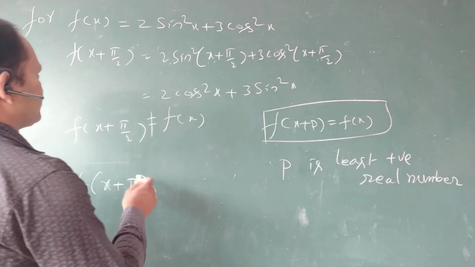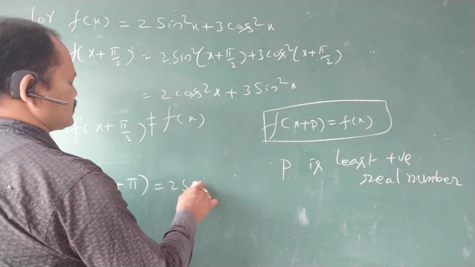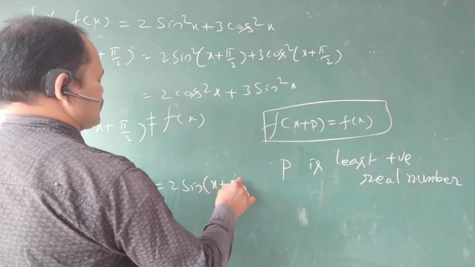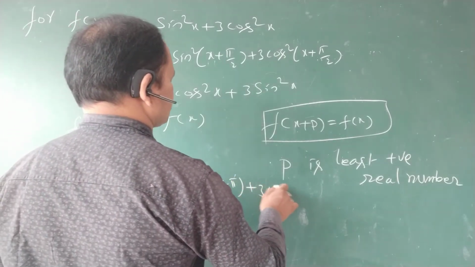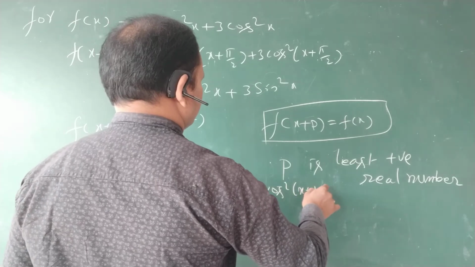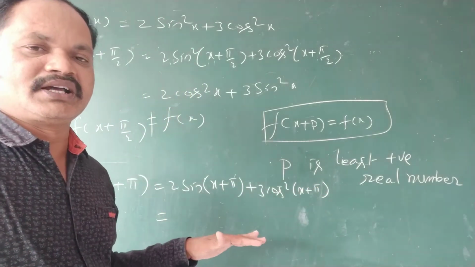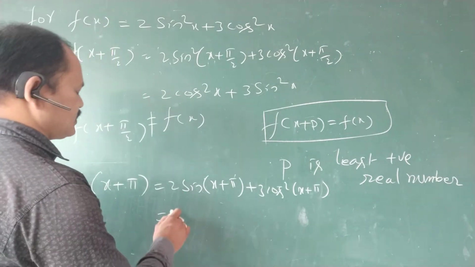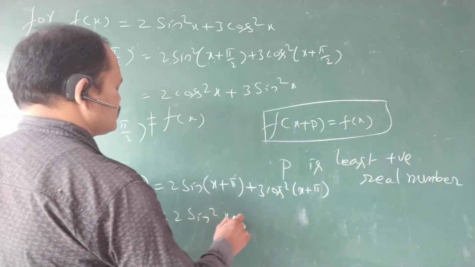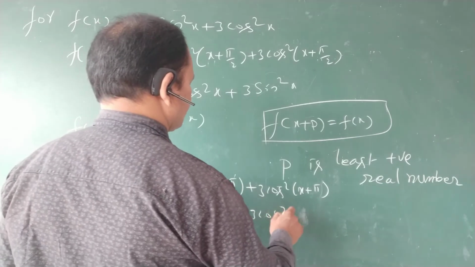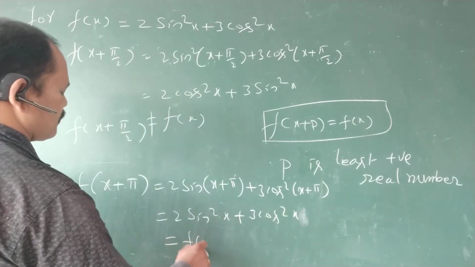Then f of x plus pi is equal to 2 sin square of x plus pi plus 3 cos square of x plus pi. Now sin of 180 plus theta is minus sin theta, but squared, so it is 2 sin square x plus 3 cos square x. That's why it is f of x.